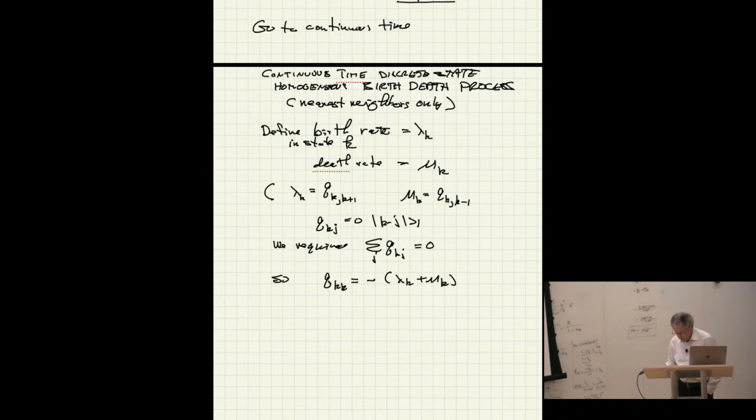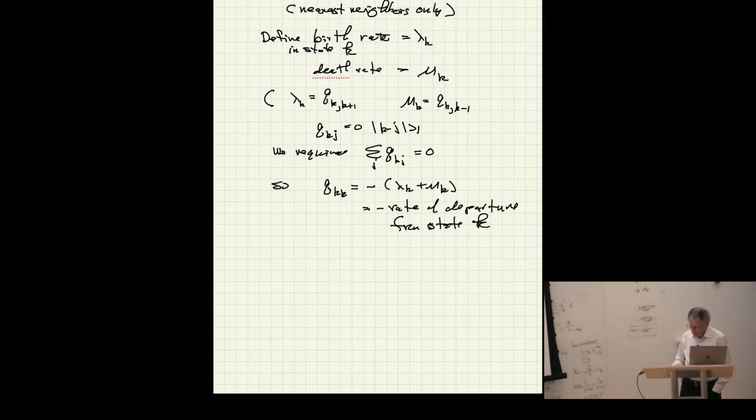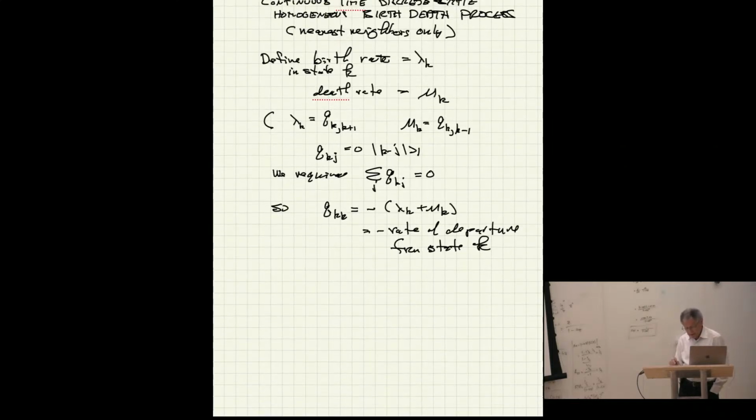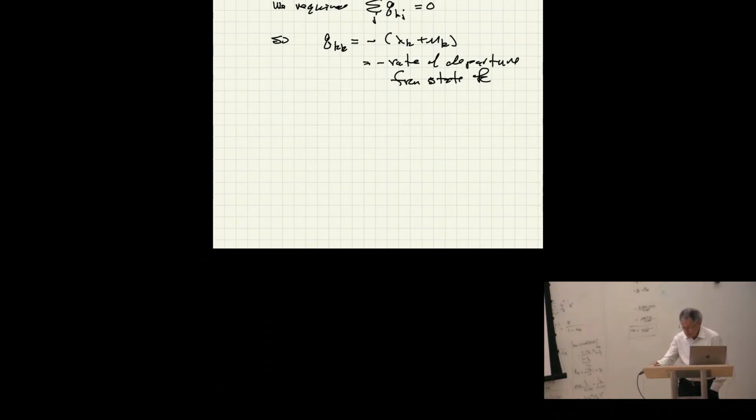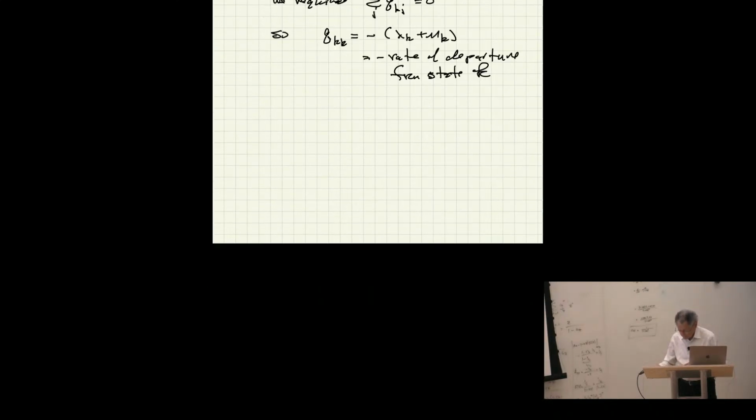In other words, it's equal to minus the rate of departure from state k. Remember, this is homogeneous, so the time doesn't matter, just the fact of moving between states.